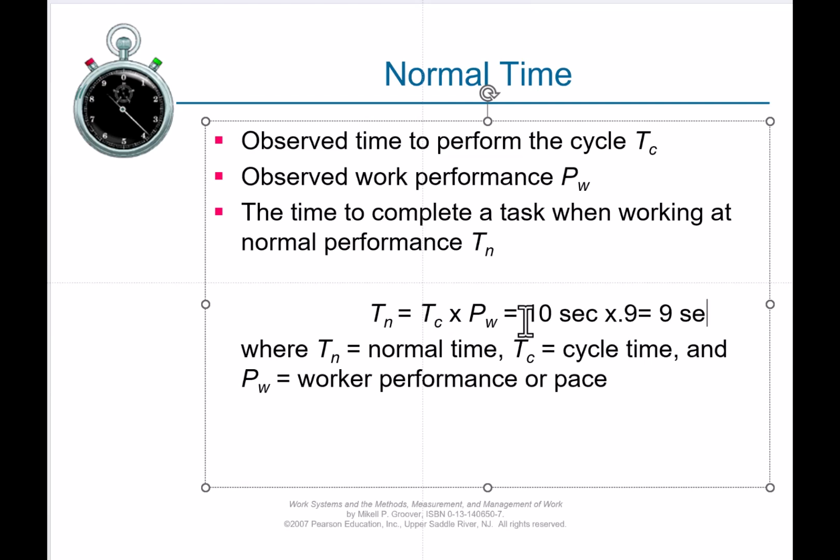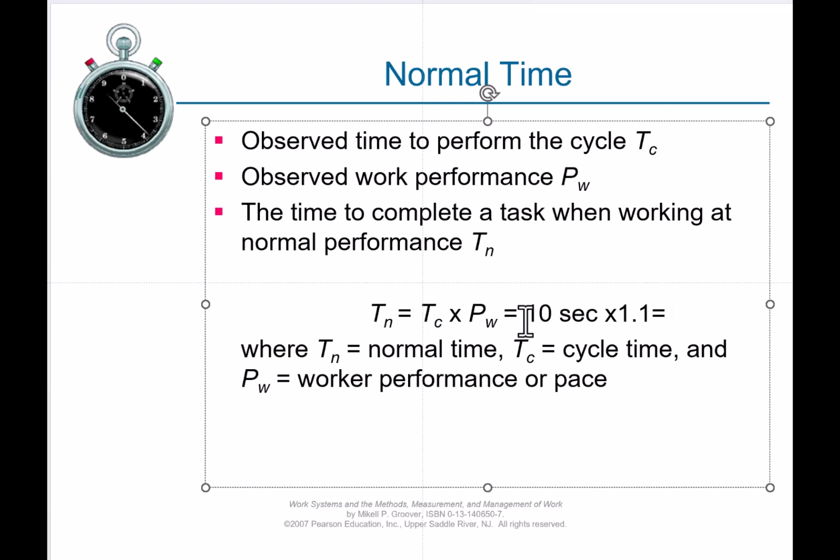And it can be the opposite, right? Let's say that person is taking 10 seconds, but is really going above their speed, let's say 110%. Then you just multiply 1.1 times your seconds. Those are the different ways that you can calculate or adjust the performance of the operator.